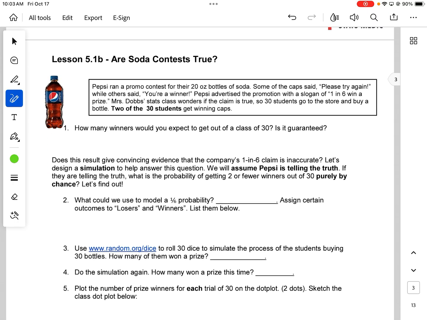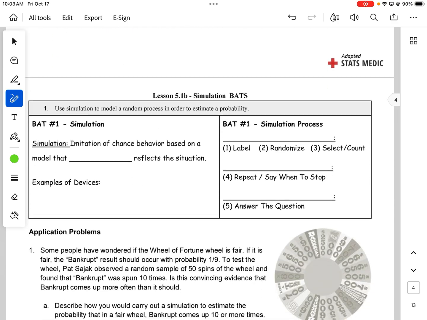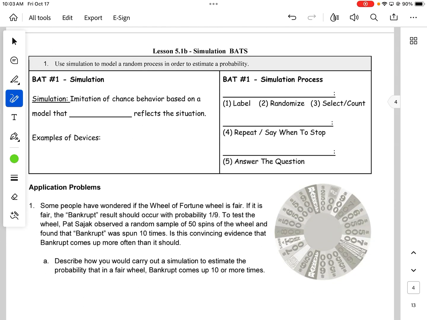All right, we're going to skip this one. And let's go here. Okay, a simulation is an imitation of chance behavior based on a model that accurately reflects the situation.